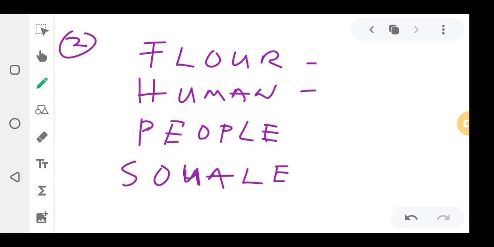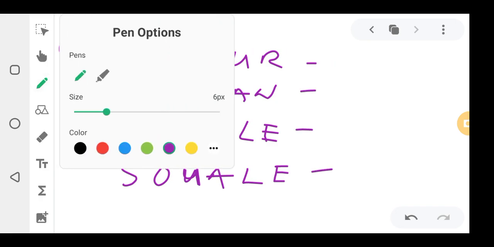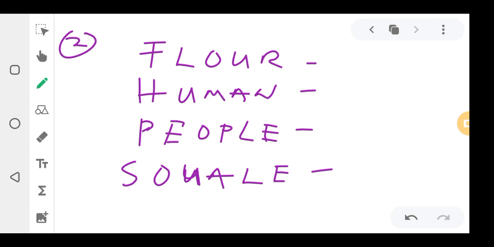And then here the pattern is R, U, O. Here it is N, A, M. Here it's E, L, P. What about here?